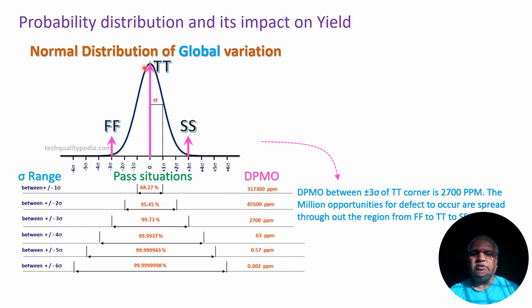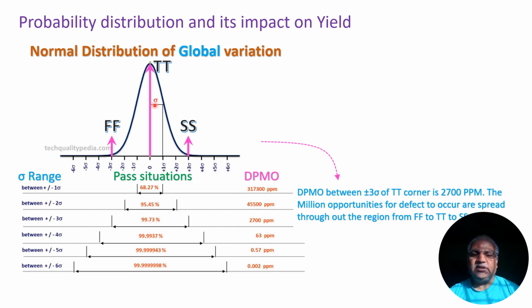This is the usual process-wise view of how the yield differs. The process is tweaked at the typical corner, which will result in a fast corner and a slow corner, and these performance corners are 3 sigma away. When it is plus or minus 1 sigma, this is the sigma global variation, 68% is within it.